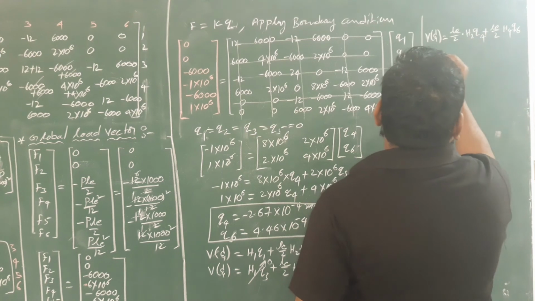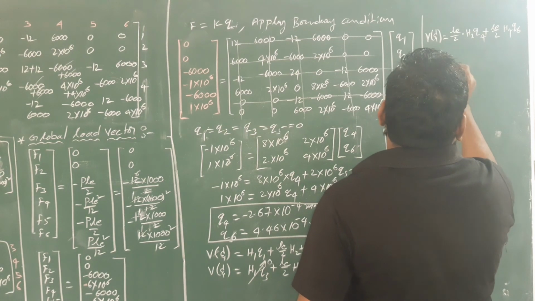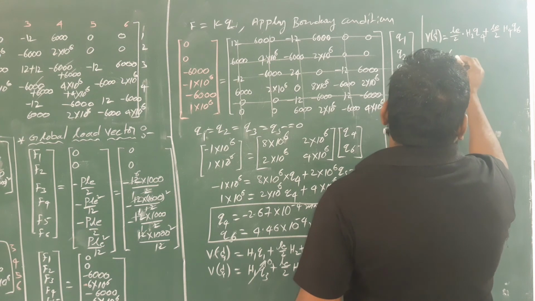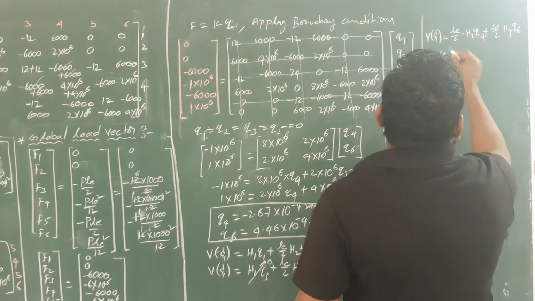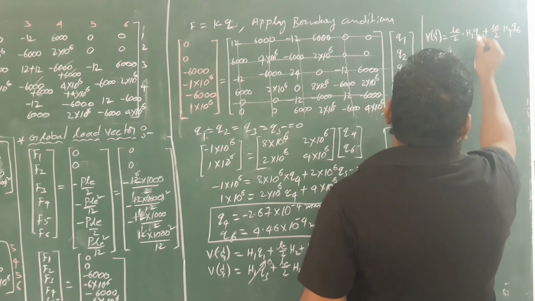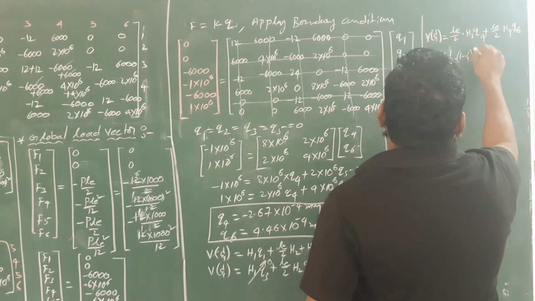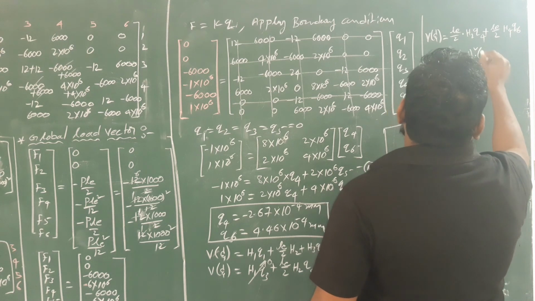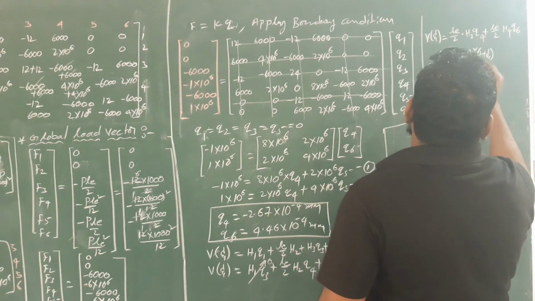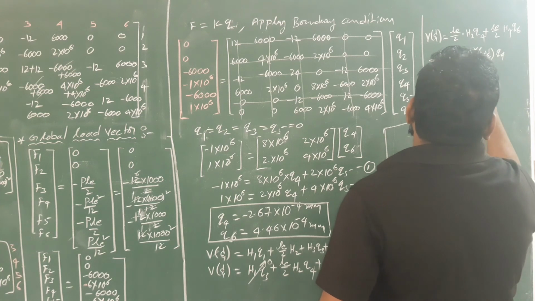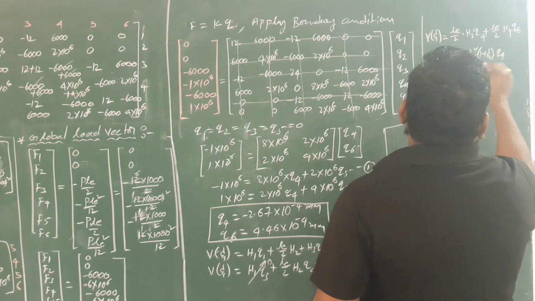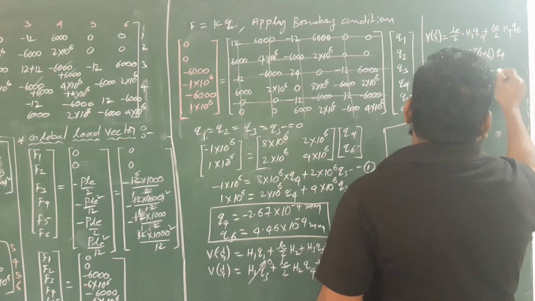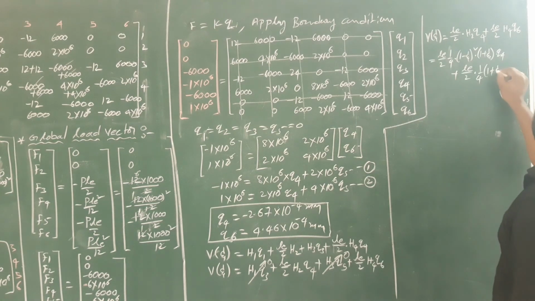Now substitute all these values: LE by 2 into 1 by 4 into (1 minus J) whole square into (1 plus J) into Q4 plus LE by 2 into 1 by 4 into (1 plus J) square into (J minus 1) into Q6.